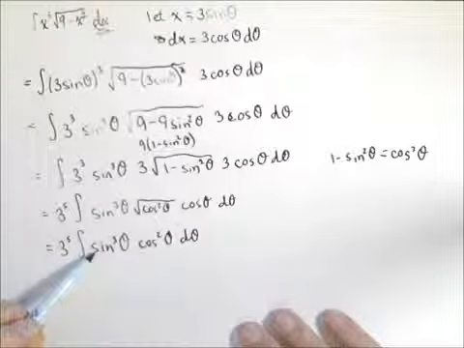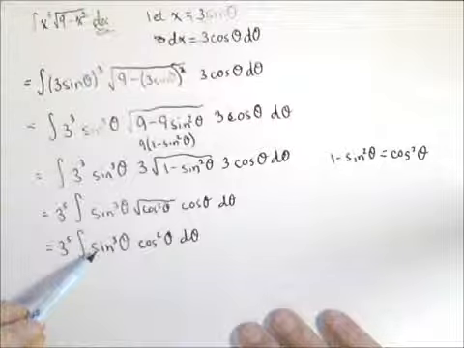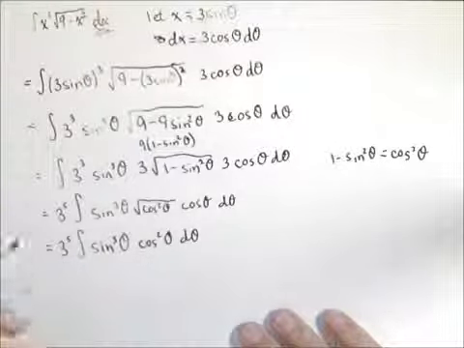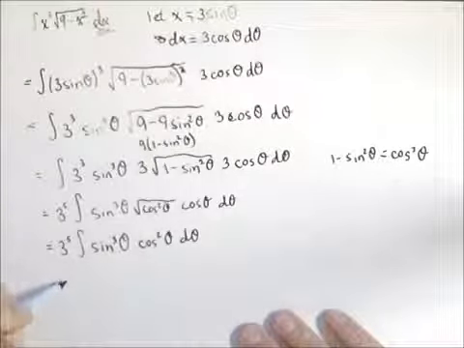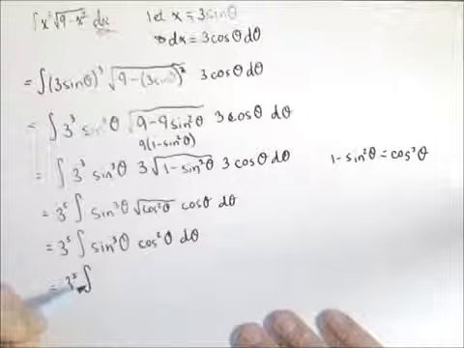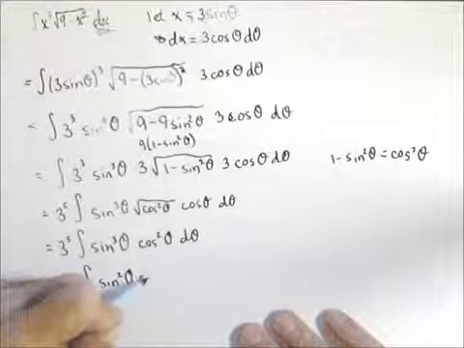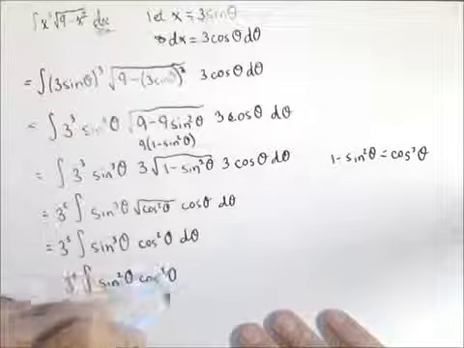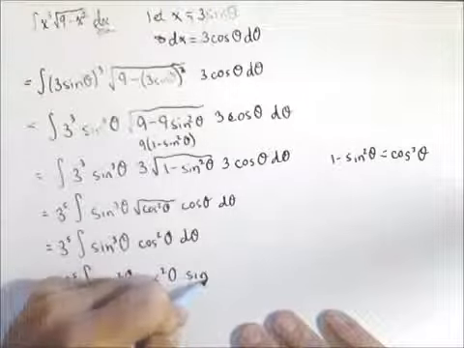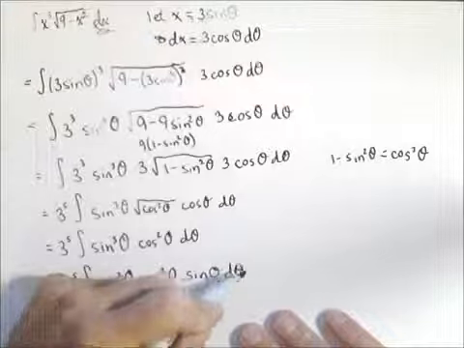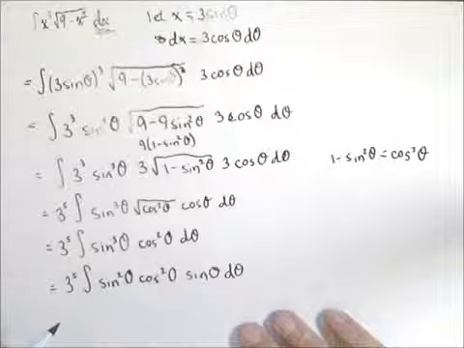There's a nice little trick we can use with a u sub to help us out here. And that is, we're going to peel off one of the sines. So I have 3 to the 5th sine squared theta cosine squared theta. Then here's where I'm writing that other sine theta d theta.